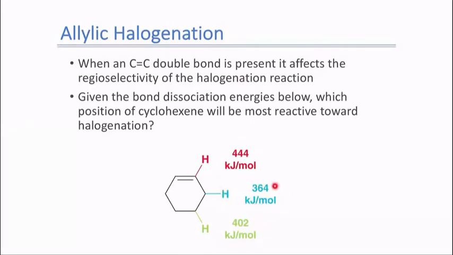Our blue hydrogen here has a bond dissociation energy of 364. It's the lowest of all 3 options. Since it's the lowest of all 3 options, this is our easiest bond to break. Which means that's the hydrogen that's most likely to be abstracted for a radical halogenation.